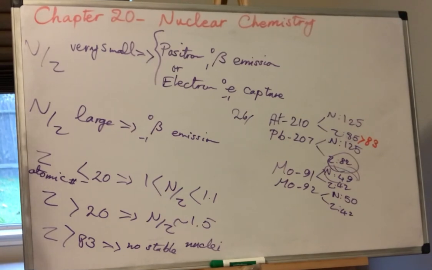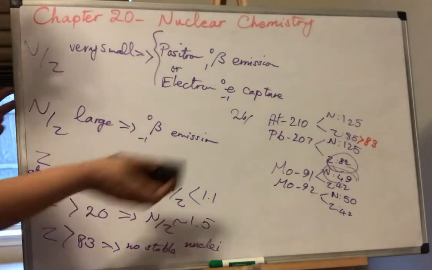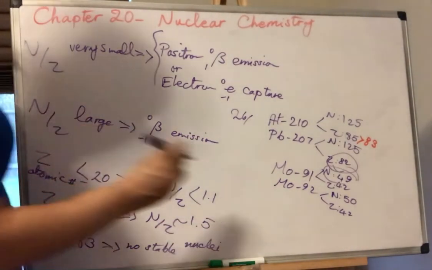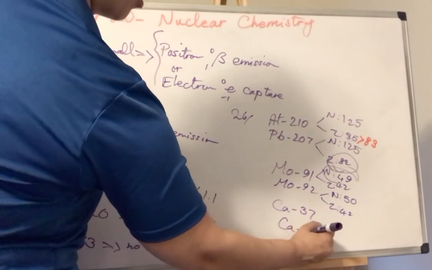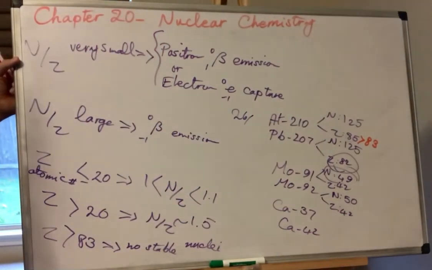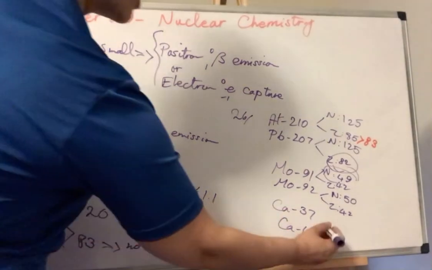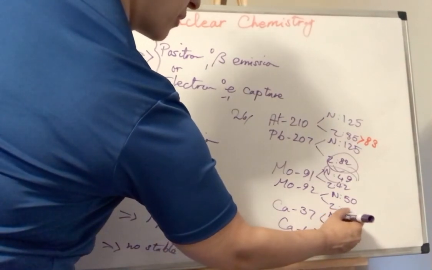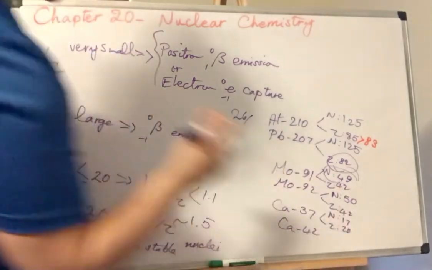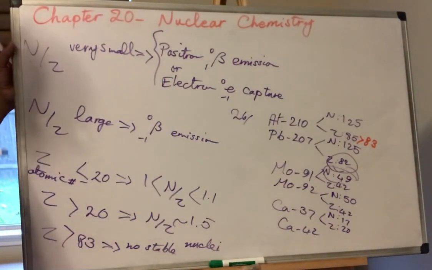All right. And finally, calcium 37 and calcium 42. Calcium 37 has 20 protons, and so it must have 17 neutrons, yes.